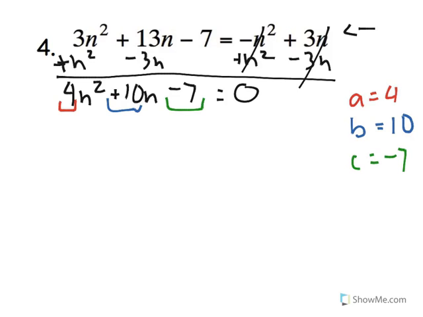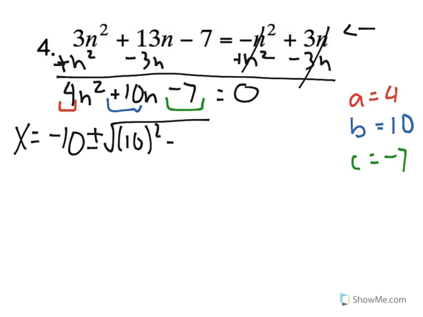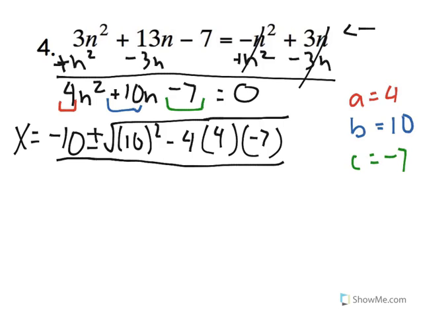So we're going to take those values and plug them into our quadratic formula. x equals negative b, so negative 10, plus or minus the square root of b squared minus 4 times a times c. a is 4, c is negative 7. And then everything is divided by 2 times a, which is 4.